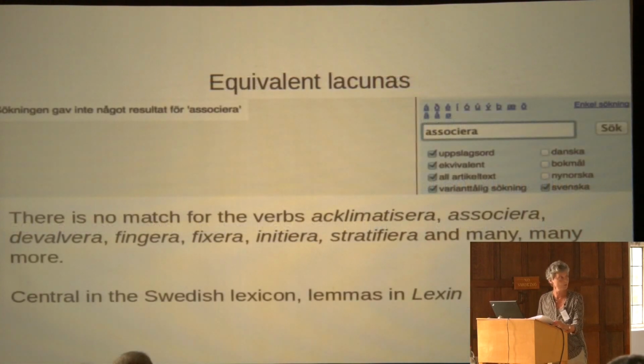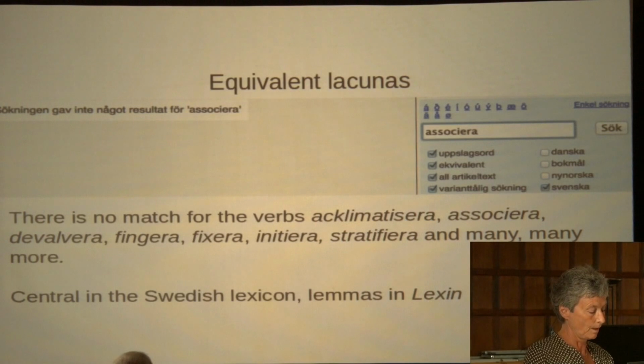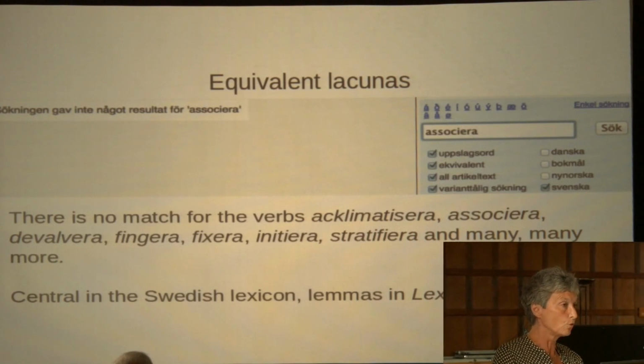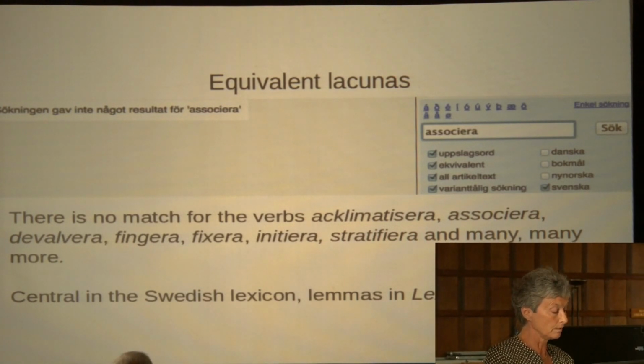And most of these verbs denote rather abstract processes, like associera and stratifiera, associate and stratify. Many of them are of frequent occurrence in the colloquial Swedish of today, and of course in formal text as well.